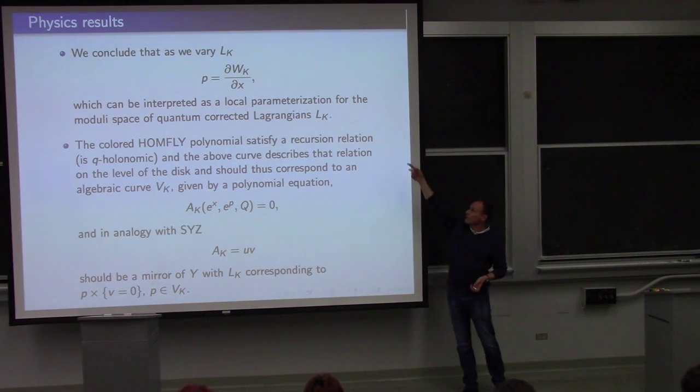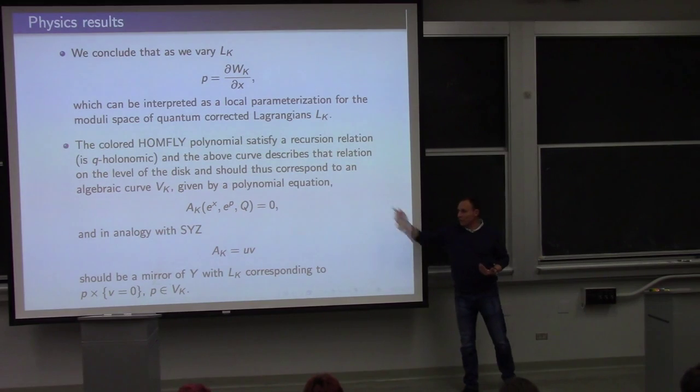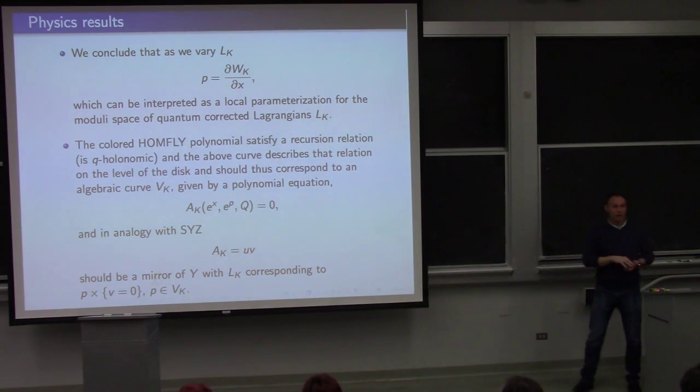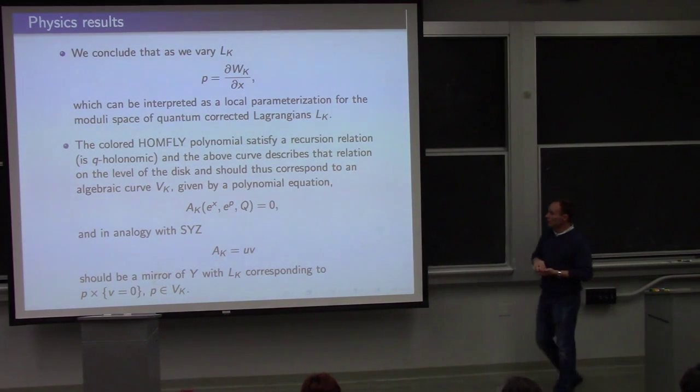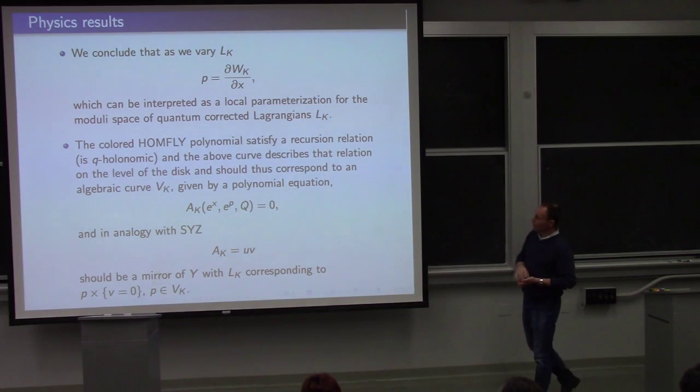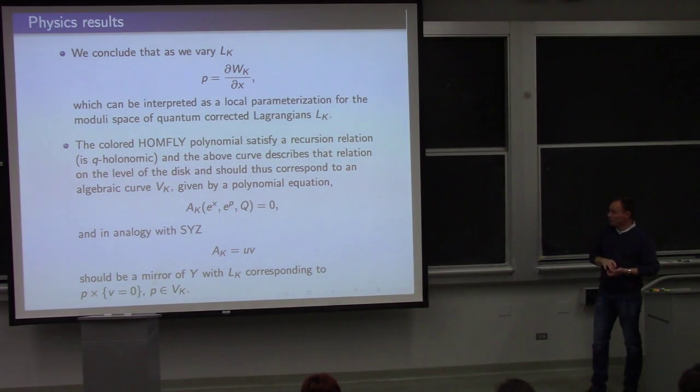So in other words, this parameterization should give us an algebraic curve and then determine a polynomial in e to the x, e to the p, and then the deformation parameter q.